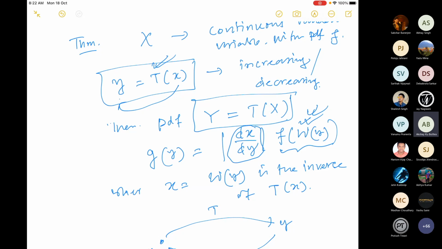Sir, you are saying that it should be an increasing function or decreasing function. But what happens if there is a maximum or minimum, like it will change, it's increasing or decreasing at a point.